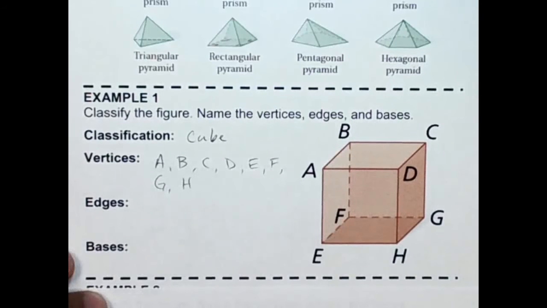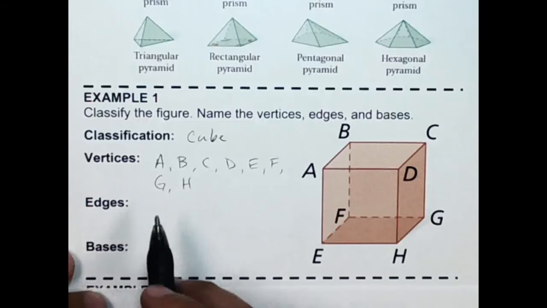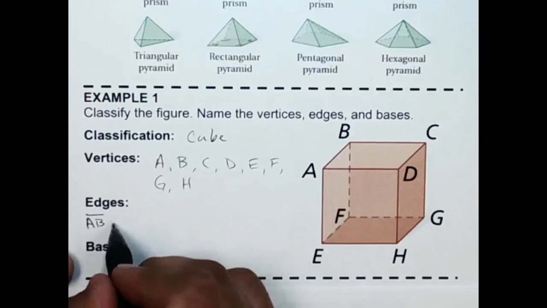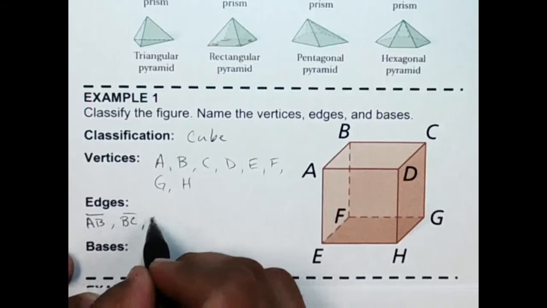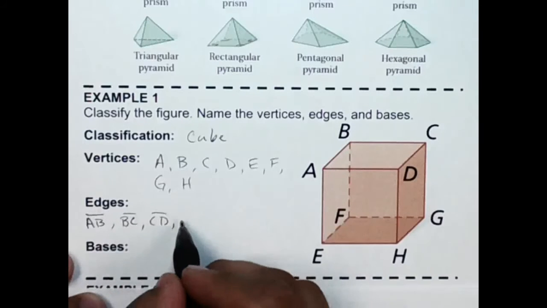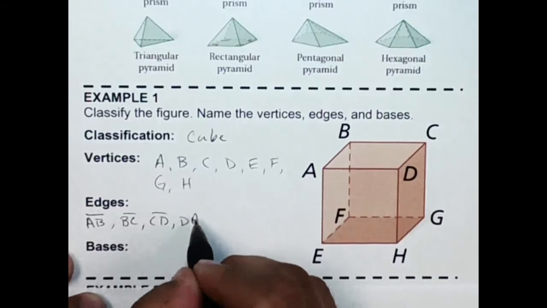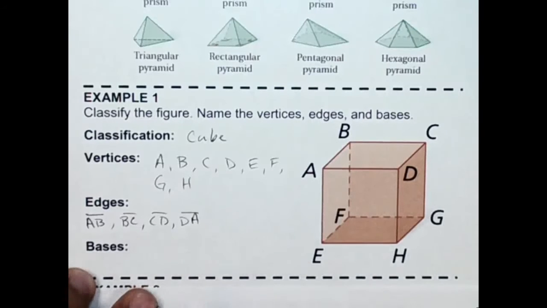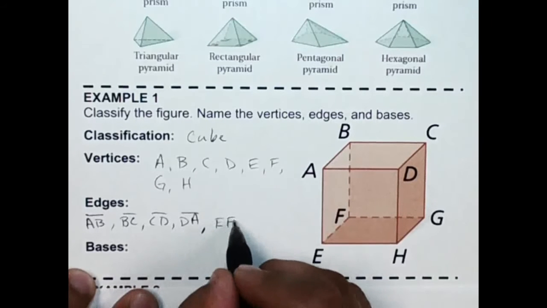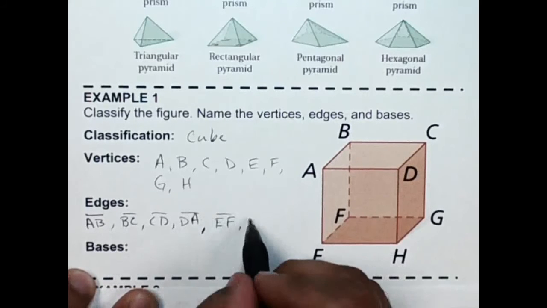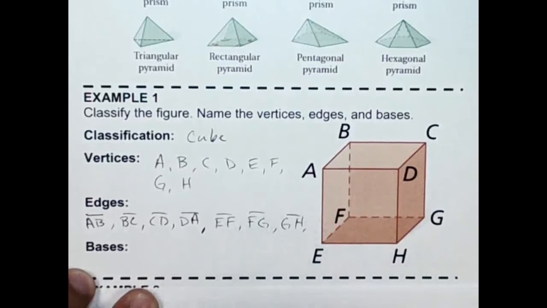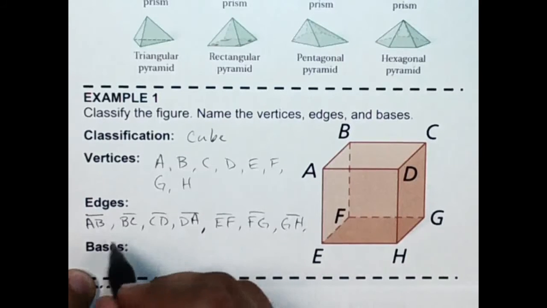Okay. Now the edges are going to be all of these segments. So that's going to be AB, BC, CD, DA. I'm trying to go in order here. Then we have EF, FG, GH, and EH.